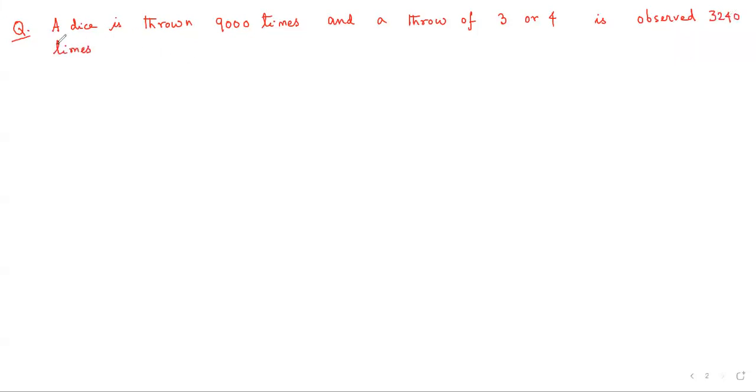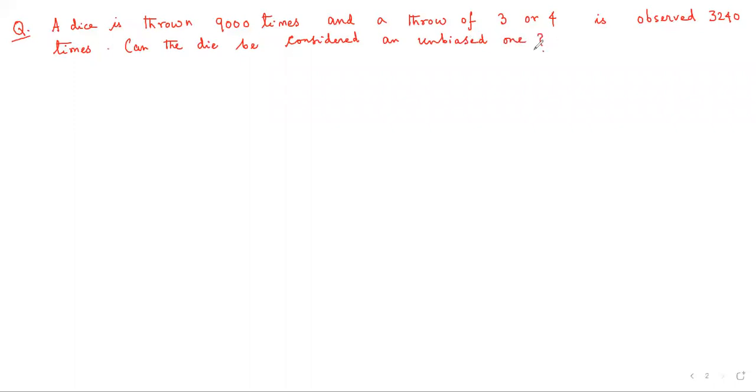This is the situation. Can the die be considered an unbiased die? This is the question that we'll be discussing here as our first problem. Can the die be considered an unbiased one?